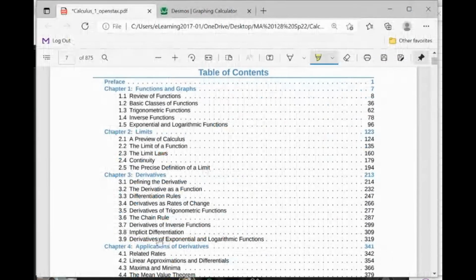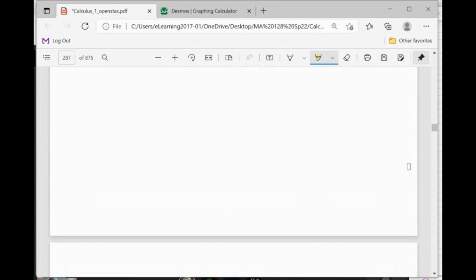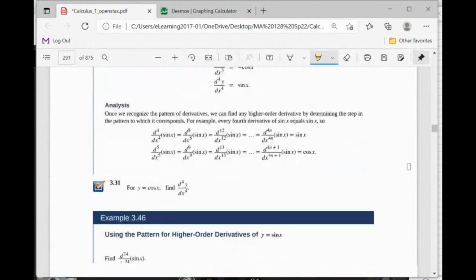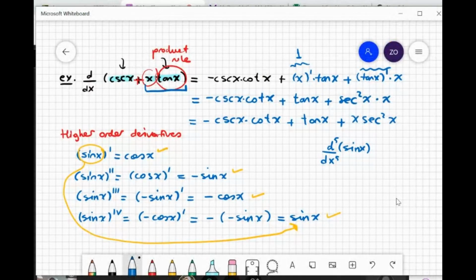Okay, so this is how we can show the higher derivatives. Here the book asks us to find the 74th derivative, but you just need to find the remainder when you divide by 4. So then you can find whichever derivative you like.